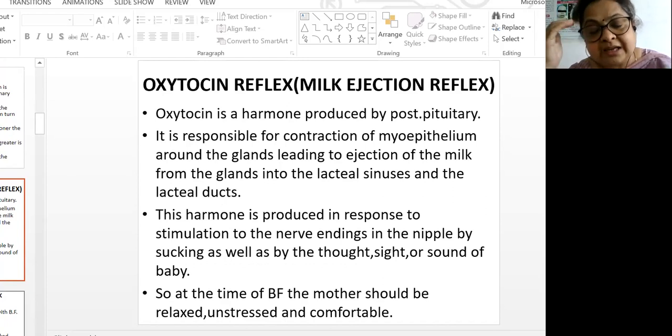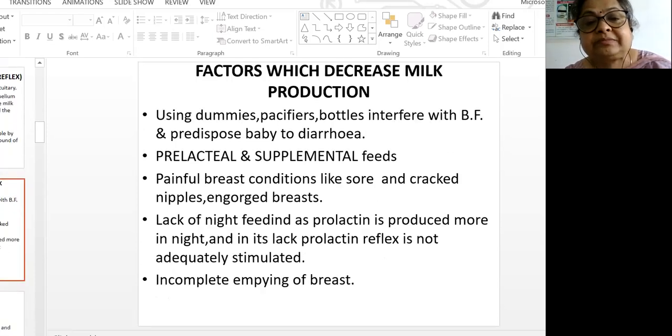So you should be aware that as soon as the mother thinks that she has to feed her baby, or if she hears her cry, the milk starts secreting from her breast. These are all stimuli which are also responsible for the secretion of milk. That is why at the time of breastfeeding, the mother should be relaxed, unstressed, and comfortable.